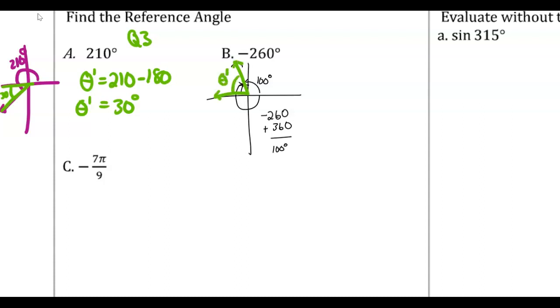This is the reference angle. If I look up the formulas for quadrant 2, I know that to find my reference angle, I take 180 minus the angle in standard position. In standard position, it was 100. So it makes 80 degrees, which makes sense, because this is 100, so this angle right here must be 80.